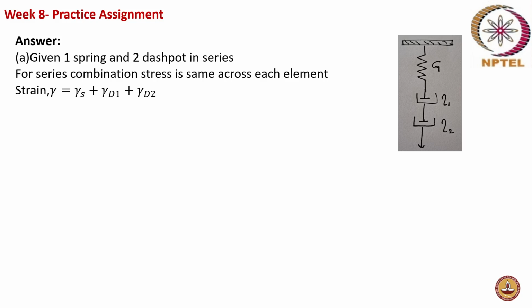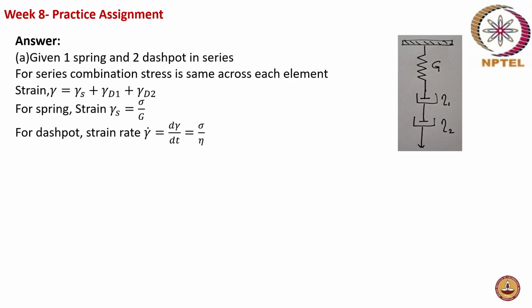So the total strain will be the sum of the strain of the spring plus the strain of dashpot 1 and dashpot 2. Now for the spring, the strain can be obtained from Hooke's law. Hooke's law states that stress is directly proportional to strain and the proportionality constant is your modulus. So if you realign it, you get strain is equal to stress by modulus, sigma by G. Next for the dashpot, you can arrive at strain rate is equal to sigma by eta.